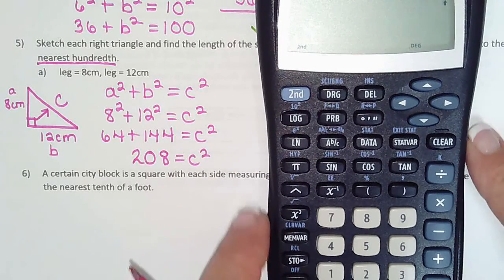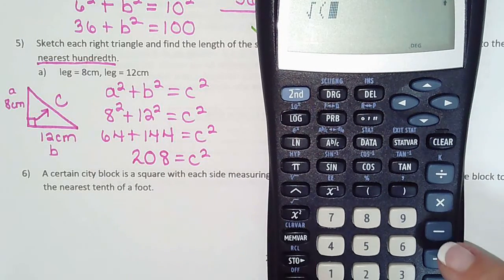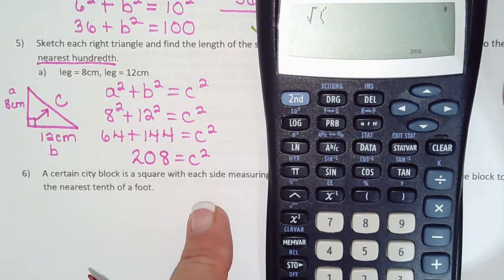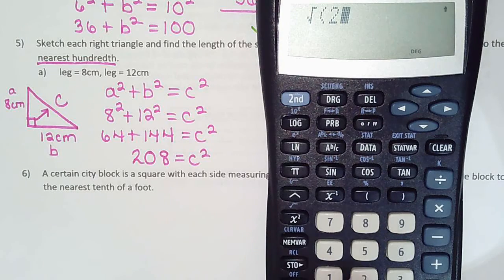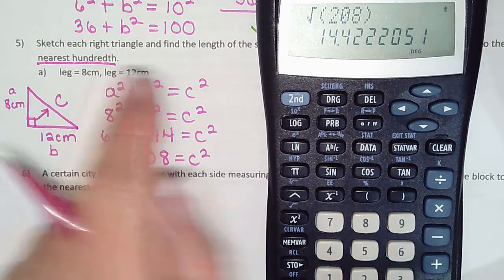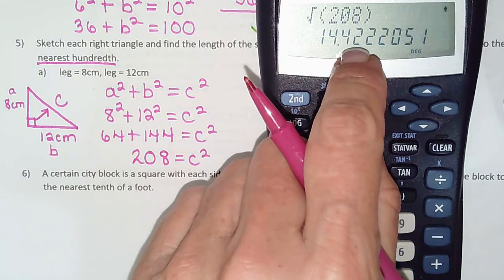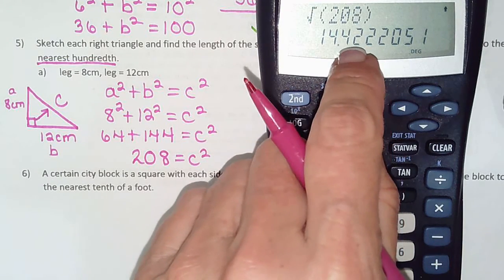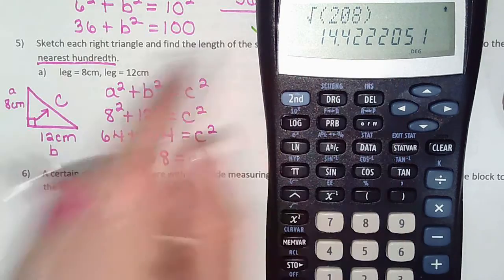Like I said, I do not recognize it. I don't think so. So do your square root button by hitting second x squared, type in 208, close your parenthesis, and you can see it is not a perfect square because it fills up our screen. So nearest hundredth would be 14.42. Tenths, hundredths, 2 followed by 2 says leave it.